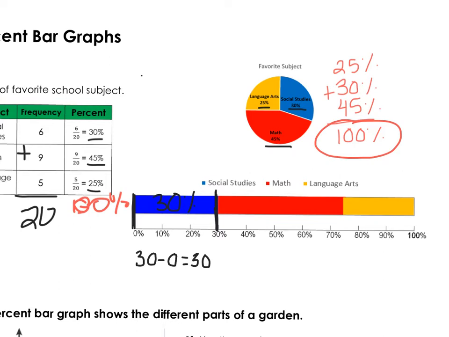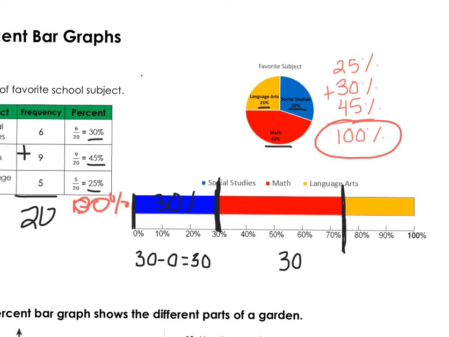Now, the red one, we're not starting at the 0. We're starting at 30. So 30 is going to be the number that I end up subtracting. And now I want to look at where the red, just the red section, ends. And I'm going to use my number line to help me out. So the red section begins at 30 and it ends at 75.